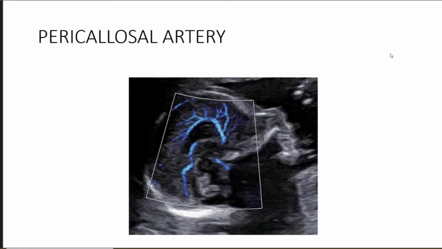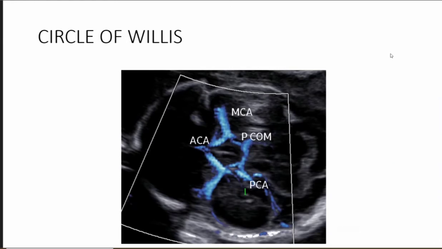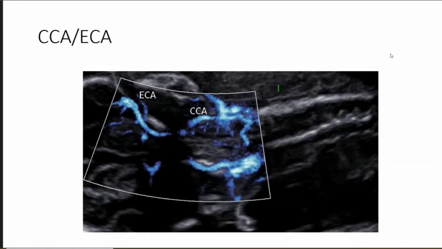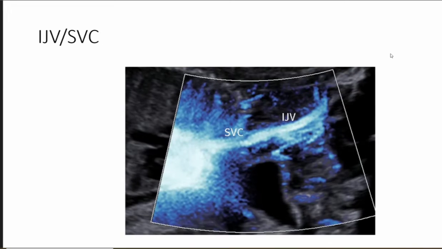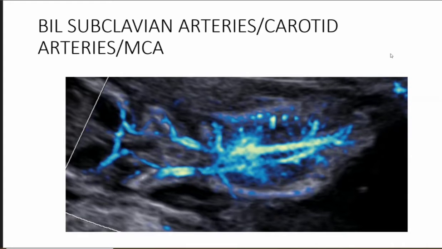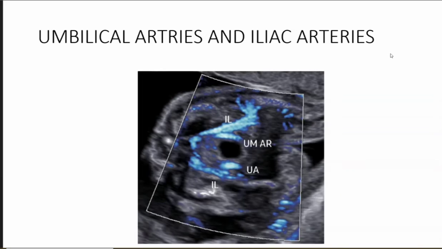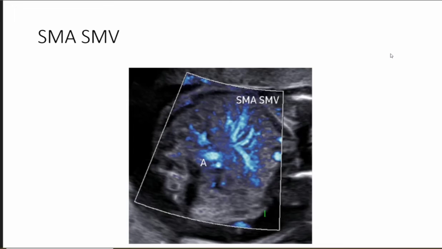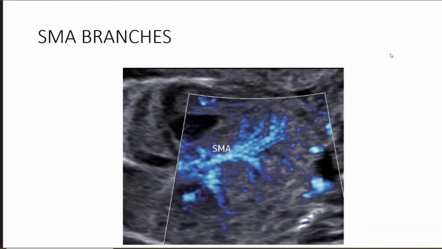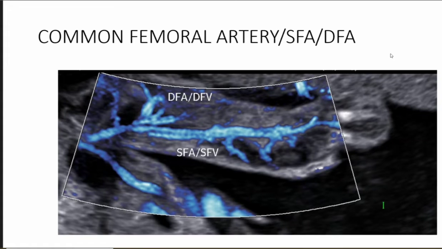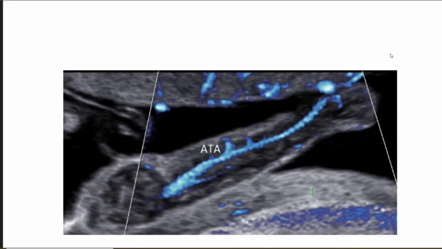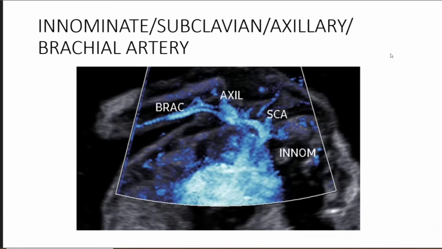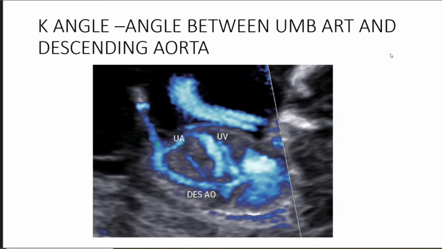Microvascular flow can show a lot of vessels in the fetal circulation: circle of Willis, cerebral venous sinuses, carotid arteries, vertebral artery, pulmonary veins, aorta, IVC, iliac vessels, umbilical arteries, renal arteries, superior mesenteric artery and vessels and branches, femoral artery, deep femoral, superficial femoral artery, popliteal artery, anterior and posterior arteries, innominate artery, brachial artery, radial artery, palmar branch.